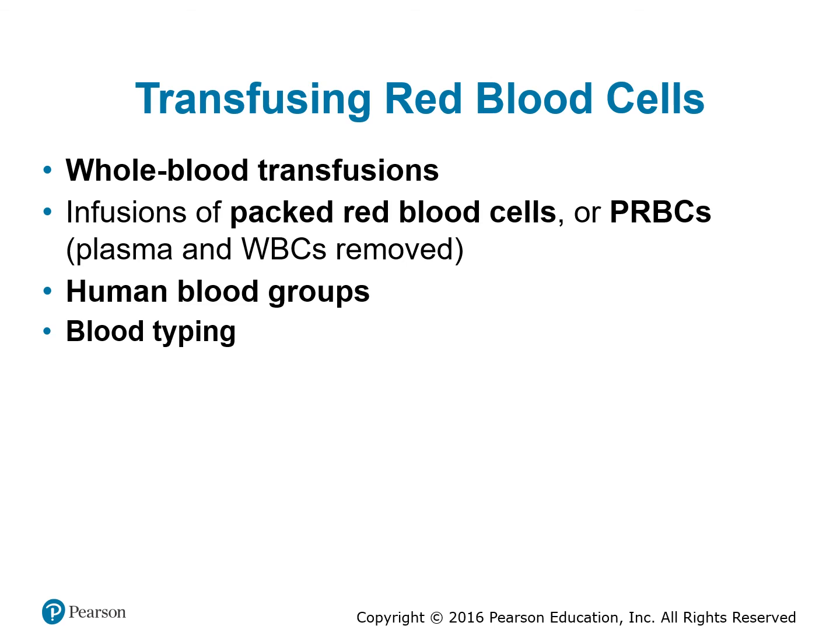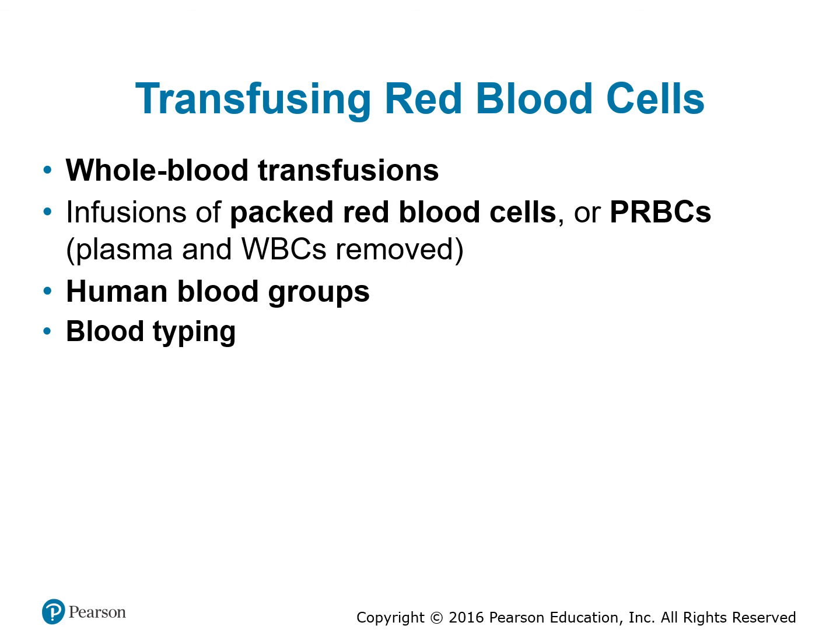As we talk about transfusing red blood cells, there are several ways red blood cells can be transfused. Whole blood transfusions are only used when the blood loss is rapid and substantial, like in the case of a potentially fatal car accident, and the patient is losing a lot of blood and we need to get blood back into the patient as rapidly as possible.